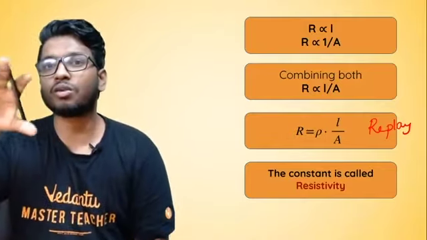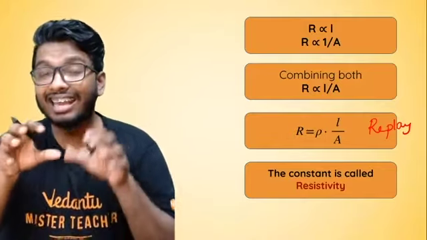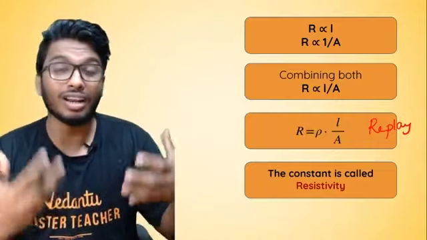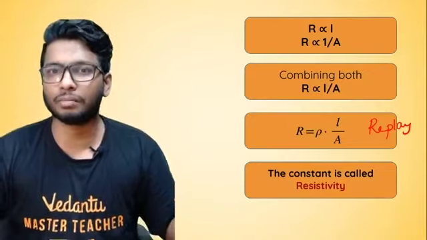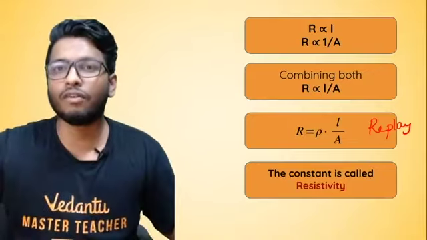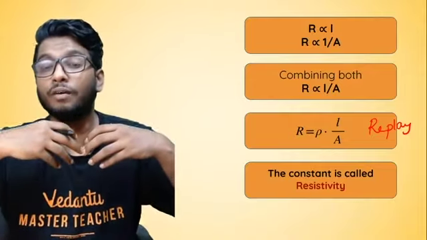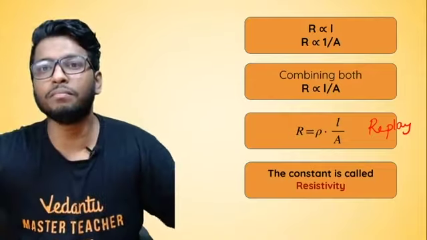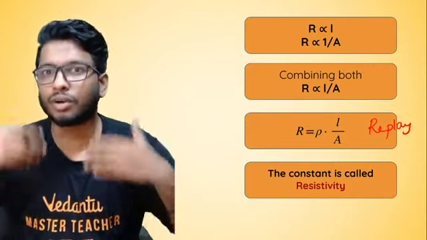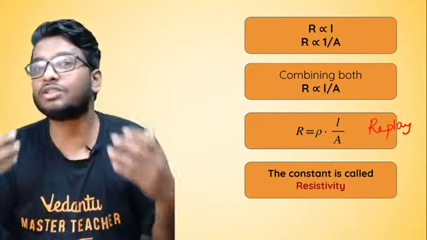So by using this value of resistivity, I can know which is a better conductor, which means whichever offers lesser resistance would be the better conductor, because obviously I want the least resistance for the flow of current. I want it to flow fast. The rate of flow should be more, so that there is no loss. I don't want any sort of loss.